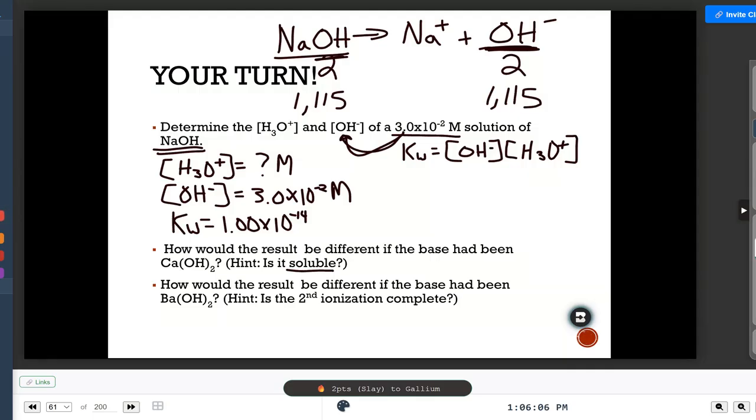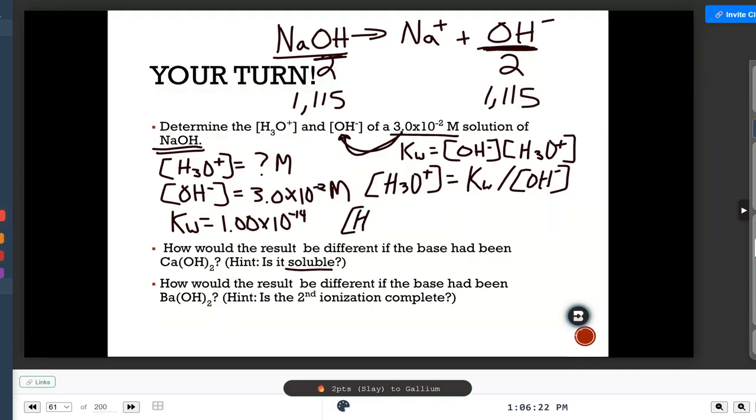So we have to rearrange this formula to solve for hydronium. So now our hydronium ion concentration is equal to our Kw divided by our hydroxide ion concentration, right? Would the hydroxide be 3.0 times 10 to the negative 2? Mm-hmm. Wait, isn't calcium soluble in hydroxide? Is calcium hydroxide soluble?